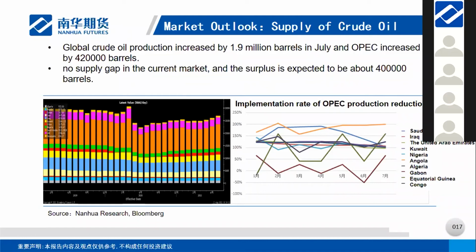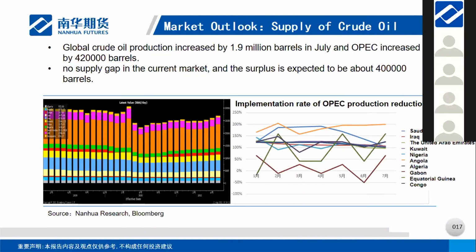First, for the OPEC Plus production restriction alliance, it is in everyone's common interest to maintain oil prices at a high level.